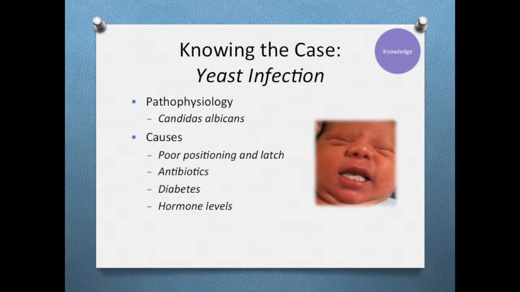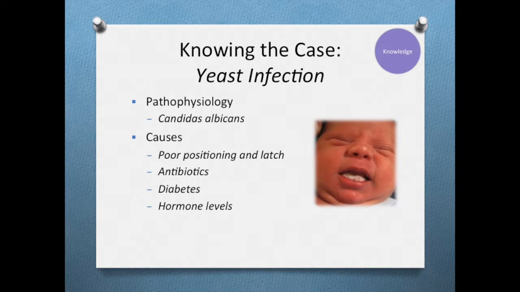Next, we move on to knowing the case. Yeast infections, also known as thrush, are caused by the fungus Candida albicans. This fungus thrives in warm, moist, dark areas and replicates in the presence of sugars, including those sugars in breast milk. The change from a dry to wet atmosphere, like in a lactating mother, also creates favorable conditions for yeast overgrowth.